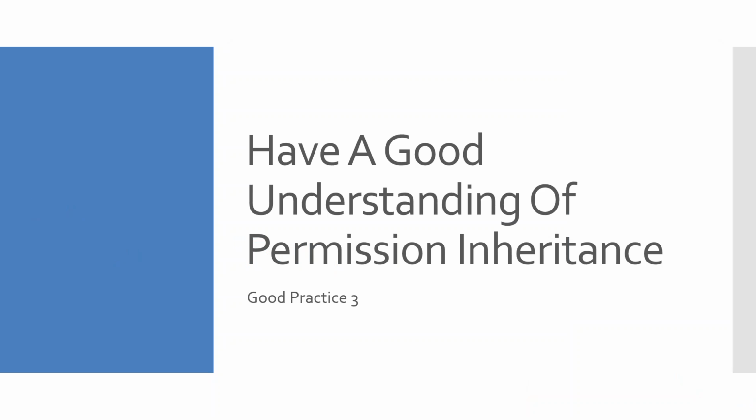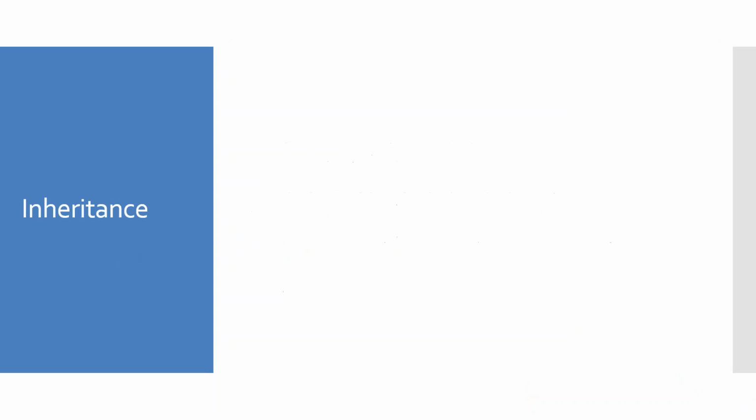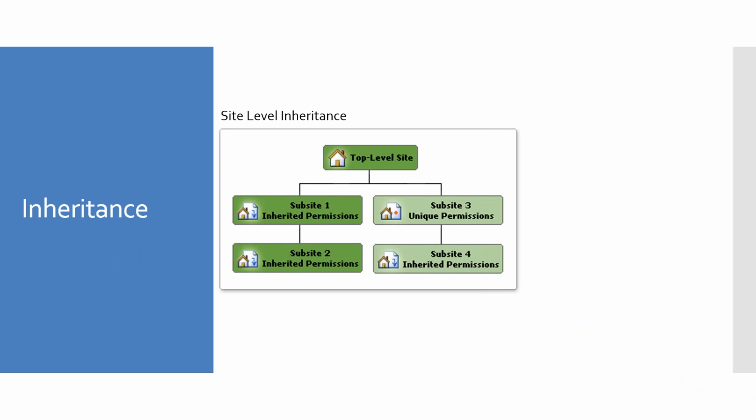What I want to cover first of all is just the permission inheritance model. Make sure that we've got a good understanding of that. So permission inheritance, we'll cover it at site level first. So we've got our top level site. Those in dark green have basically inherited permissions.